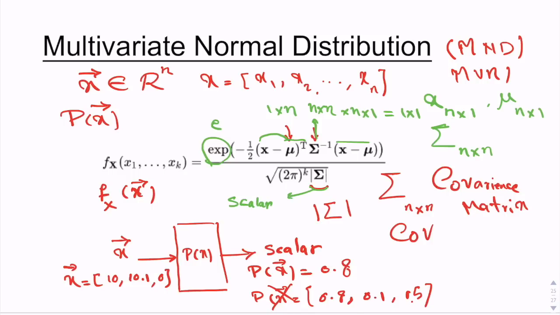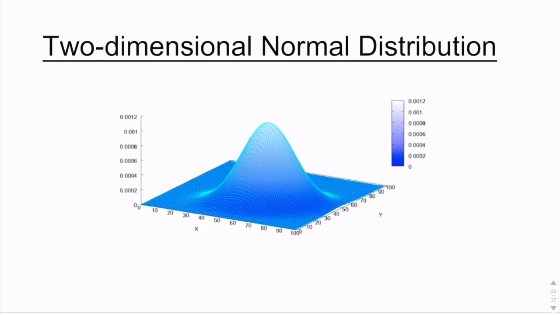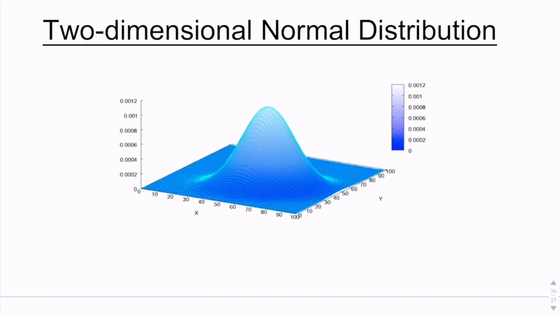So this is a visual representation of a two-dimensional normal distribution. As you see, both in the x and y direction, the data are distributed normally.